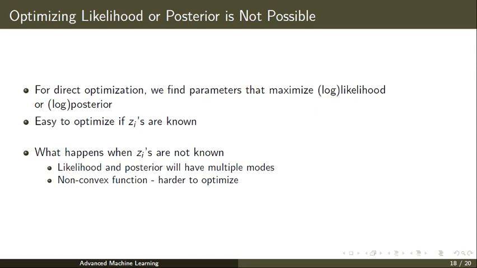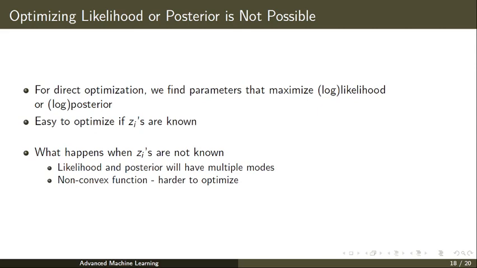What if the z_i's are not known? Then you will end up with a non-convex function, and a non-convex function is very hard to optimize because you will have multiple valleys in the curve.